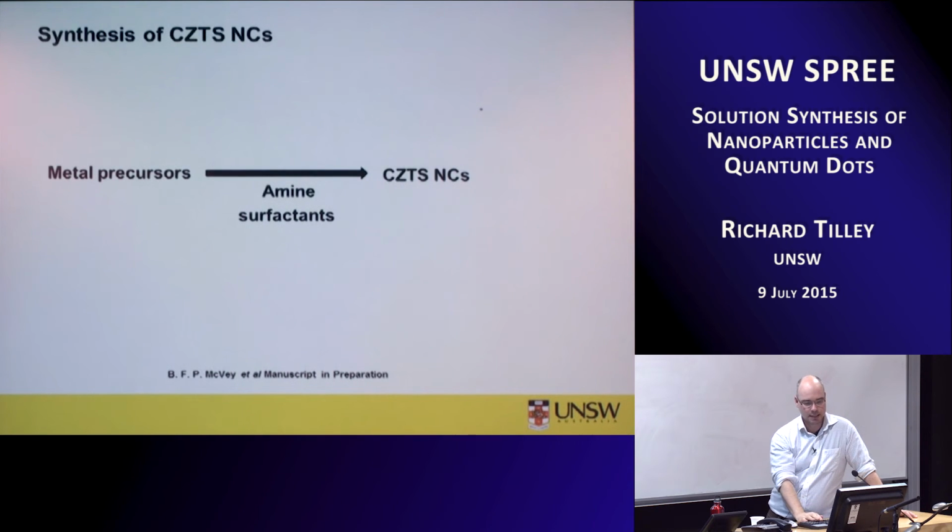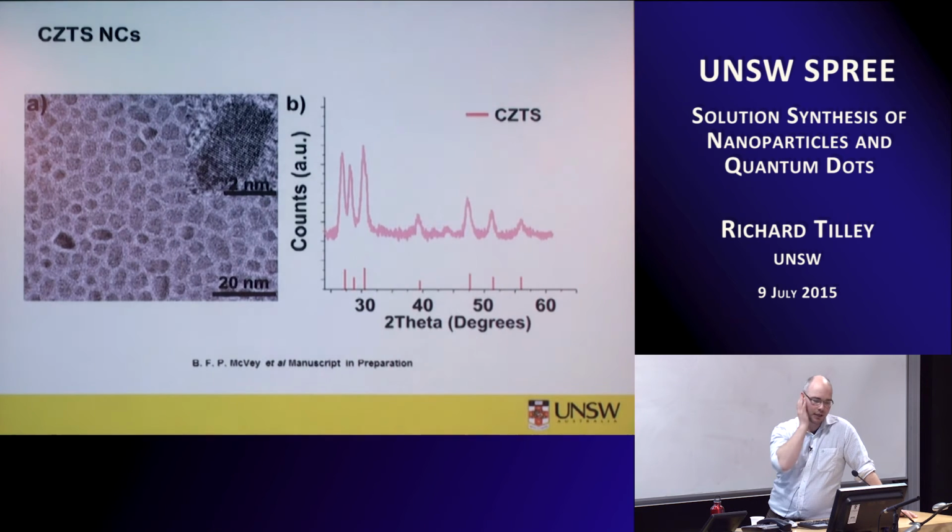So what we've been doing is looking at some seeded growth and putting in some different seeds. If we do that and we tune all the reaction variables, we're starting to make some pretty reasonable dots. The dots are of reasonable monodispersity, and the XRD is showing that we're making the correct phase as well.